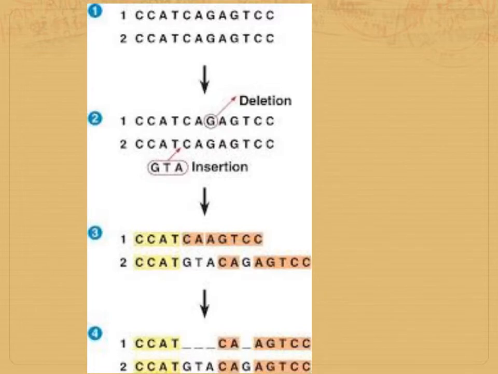We have our DNA up here. We're going to take out this one little bitty letter, okay? And that's going to change everything. Here, we're going to insert GTA. Some mutation comes up, something happens, and we get a part of a gene inserted, or something could even be replicated.